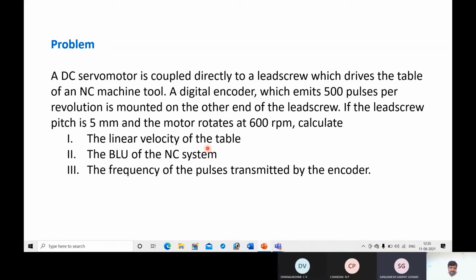Next, last question. Frequency of pulses will be in pulses per second. That is the unit for the third sub question, so you have to find out pulses per second.